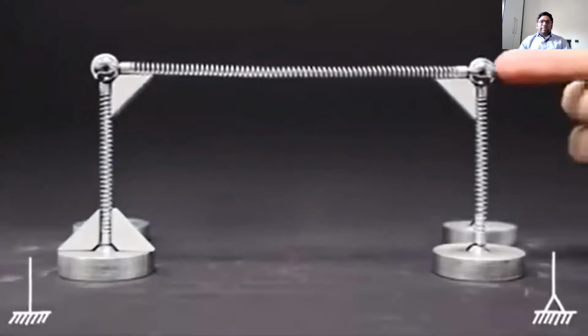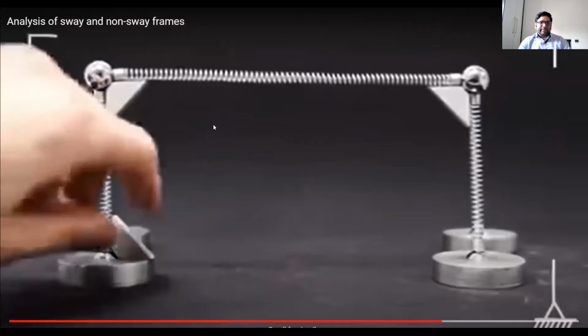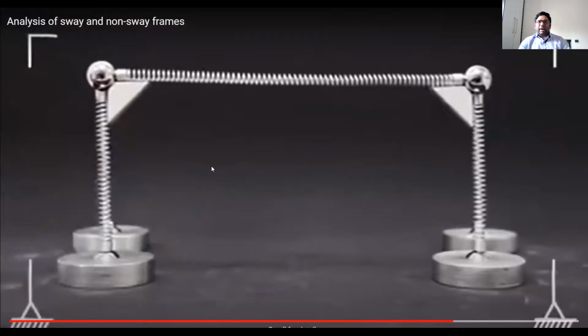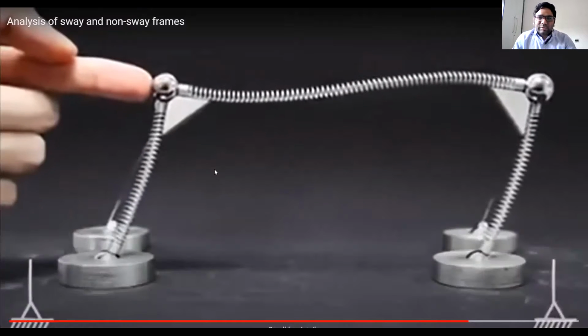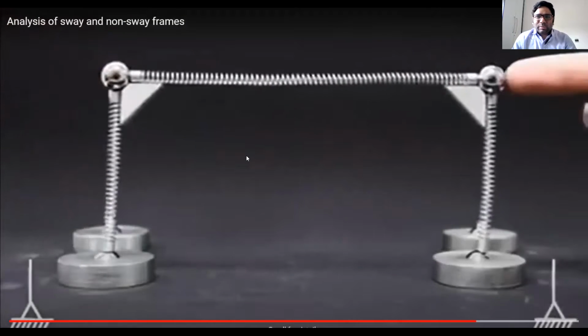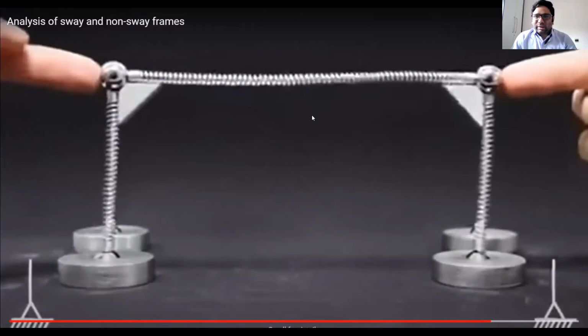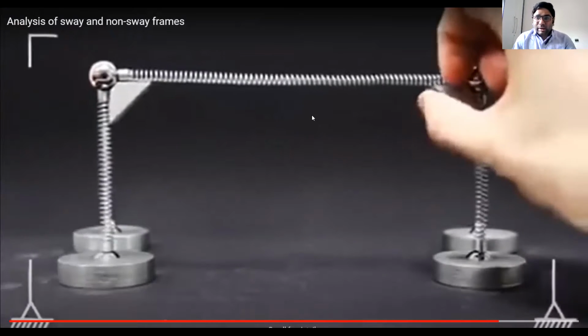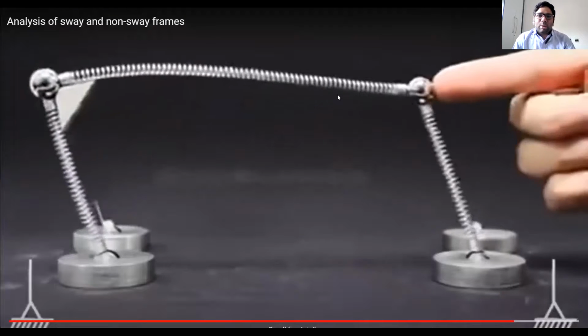Now the bottom rigid connections are removed. What is happening? This is called a hyperstatic structure. So you should understand that if there are only pinned connections, there is a high chance that it will deflect and fall down. But if you have a rigid connection, it will rotate and not fall down, and it will make the structure stable at that point.